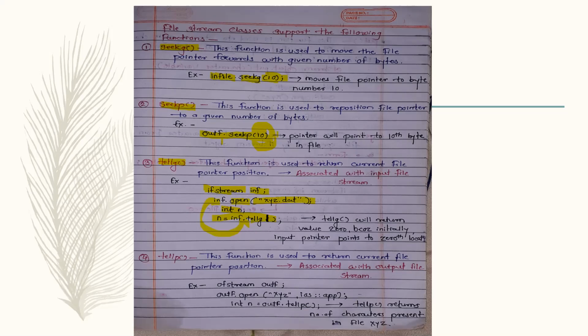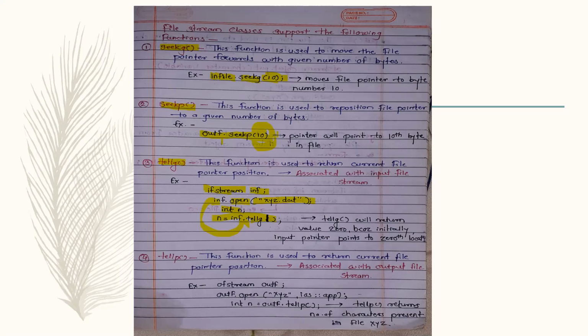Here tellg will return value 0 because the initial input pointer points to the 0th position. Okay, means it just tells the current position of the pointer, at which position your cursor is.